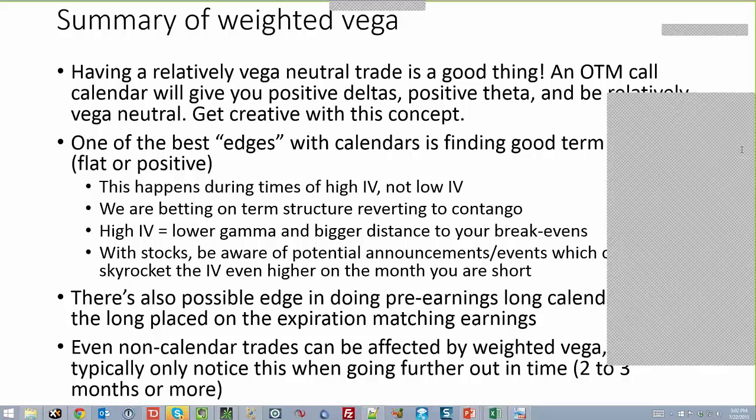A lot of comments here, mostly just kudos. Oh, he said no on the calendar. So on the calendar, are you making progress on the short leg or the long leg? For which trade, Ray?